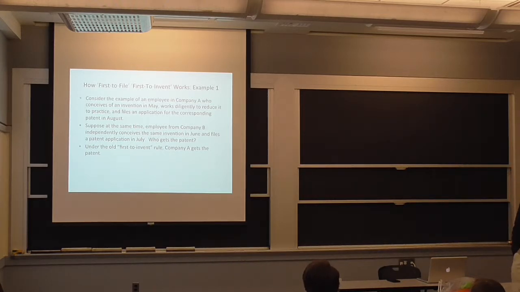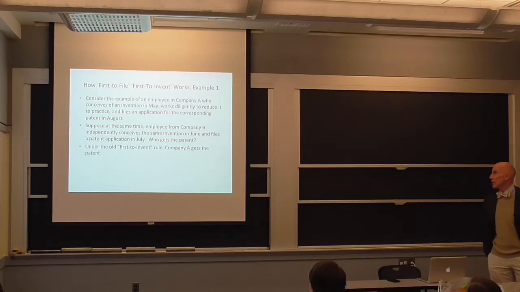So how does first to file, first to invent work? This is example number one. Consider the example of an employee in company A who conceives of an invention in May, works diligently to reduce it to practice, and then files an application for the corresponding patent in August, so three months later.